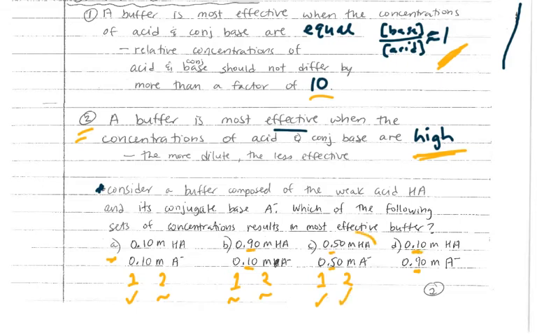So I'm going to say C. C here would be the best buffer of the 4 different choices because it has equal concentrations of the weak acid and the conjugate base. And compared to the other options, it has a higher concentration. Okay, so that would be the answer there.